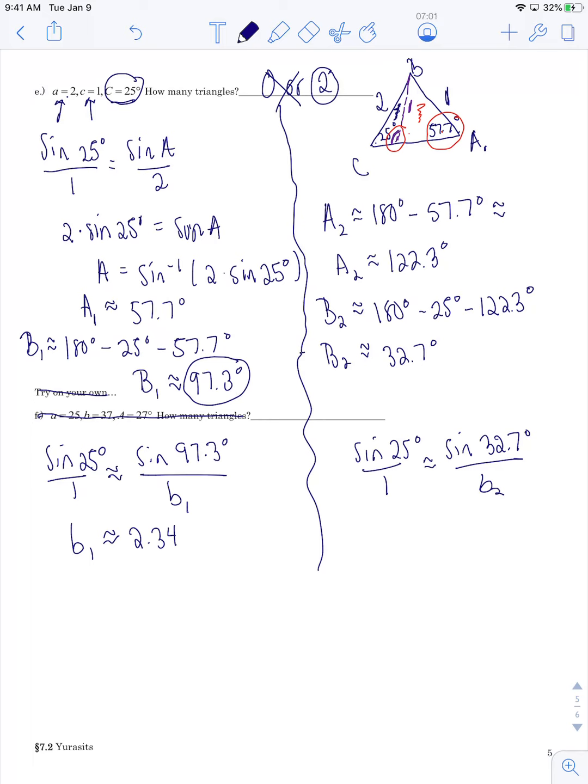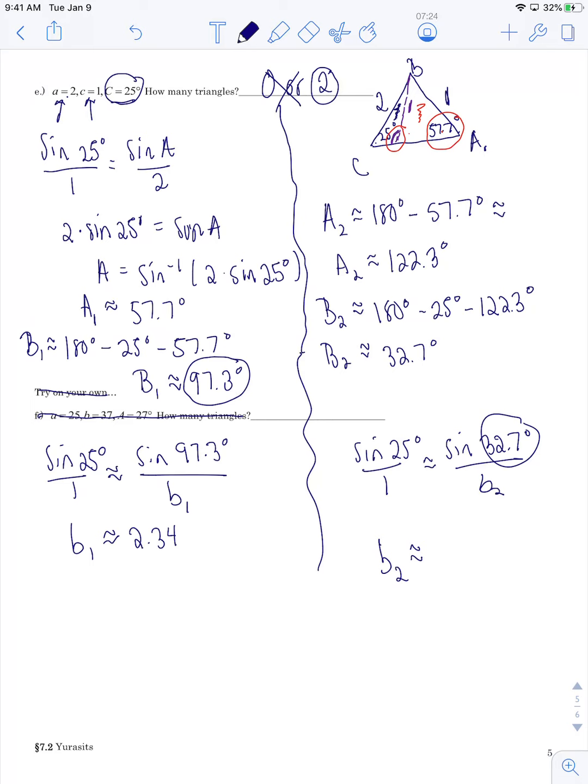That is not correct. I got to do 180 because the whole triangle is 180. Take away the 25, take away that obtuse angle we found. Okay, so this entire angle here in my calculator is 32.69728363. I'm using that entire value to find this little b sub 2.